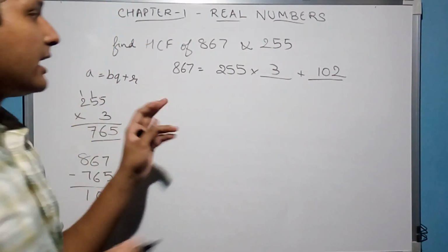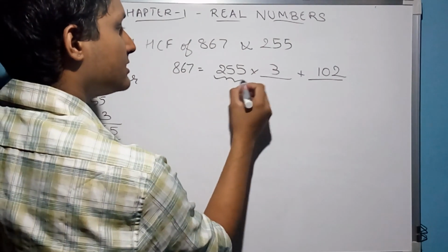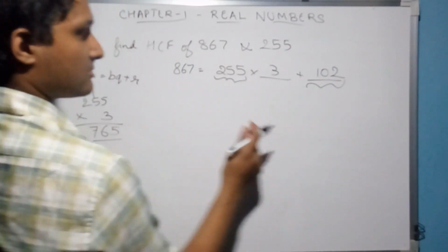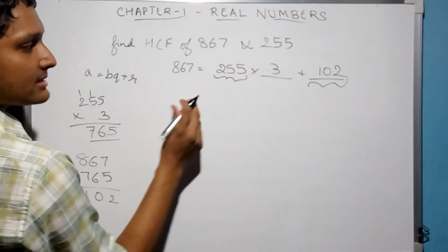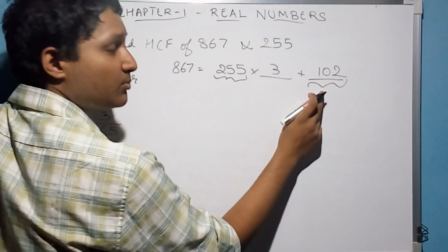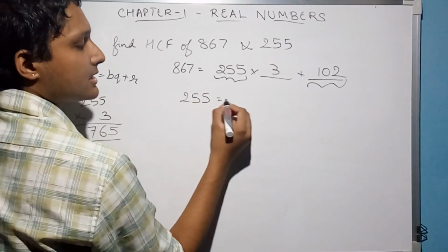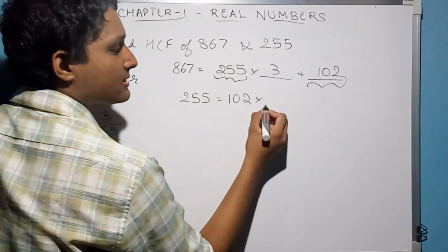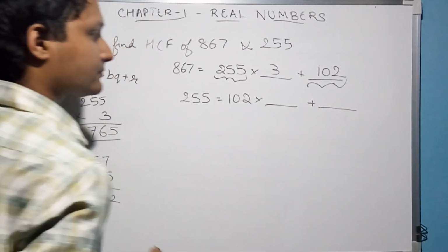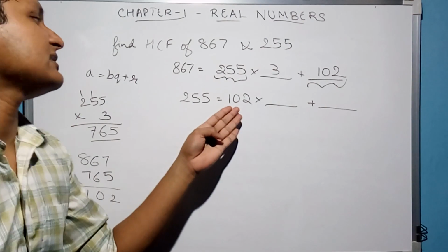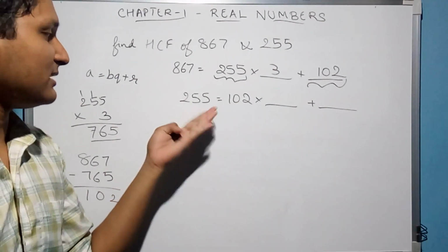So now I need to apply Euclid's division lemma to these two numbers. This is b and this is r. So in the next case, this becomes a and this becomes b. 255 is equal to 102 into something plus something. Seeing this, 102 is approximately 100 and this is 200 plus.